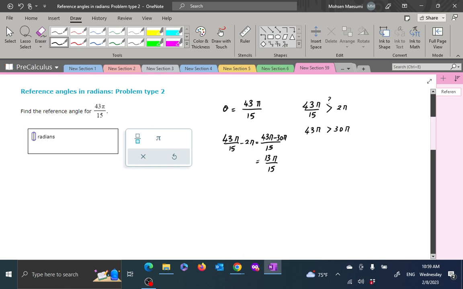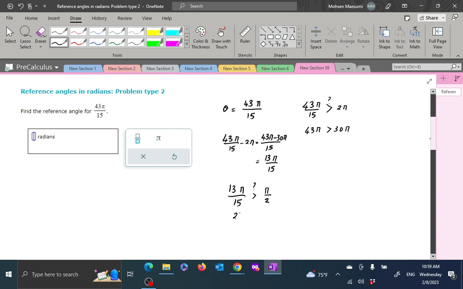To make sure, if you are not convinced that this is in quadrant 2, how do I know that? I say it's more than the angles in quadrant 1, it's more than pi over 2. Is that right? How do I know that? Multiply by the least common denominator, 30, when checking the inequality.